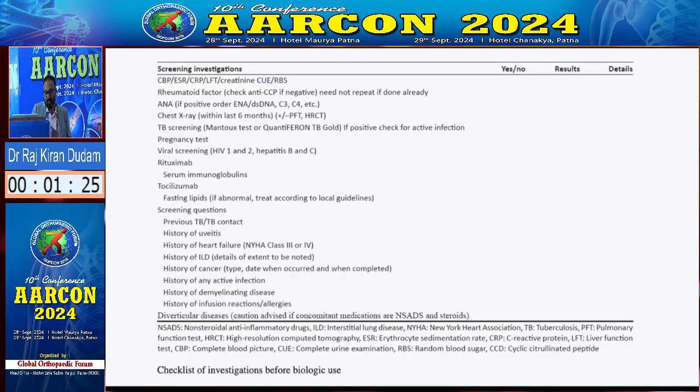Routine investigations are a must, and the add-on, especially when prescribing biologic or targeted synthetic drugs, is to look for latent tuberculosis. We do a chest X-ray even if you start methotrexate, but do a Mantoux or a TB Gold to check whether the patient has latent tuberculosis, because quite often, if we start biologics, anti-TNF drugs or tofacitinib for that matter, the latent tuberculosis can flare up.